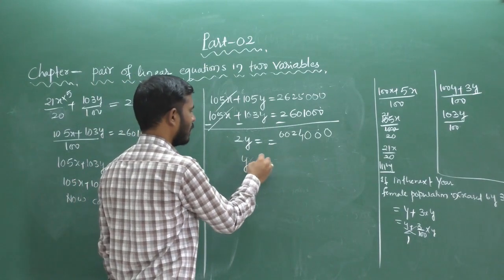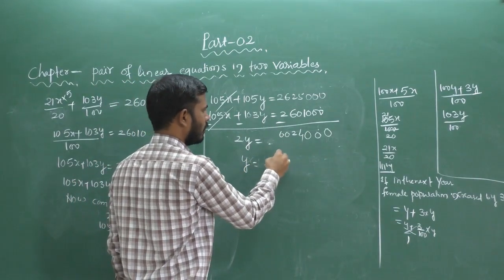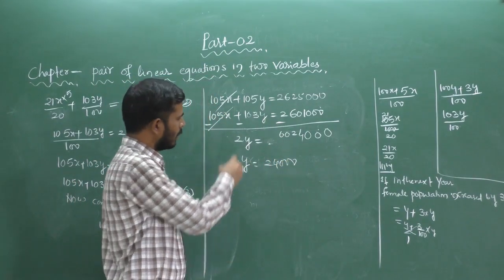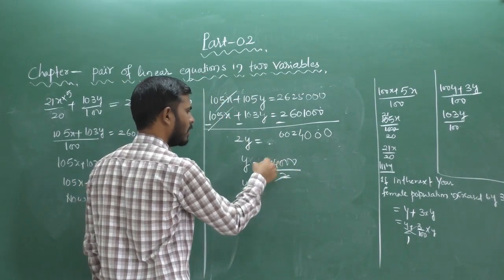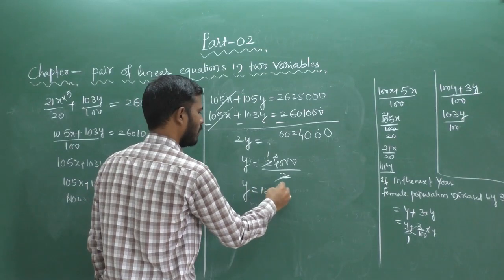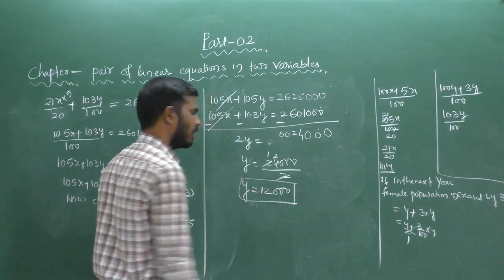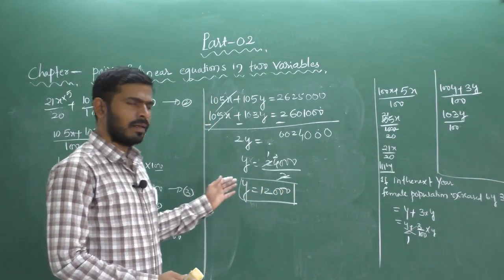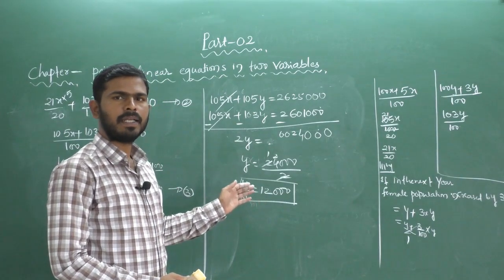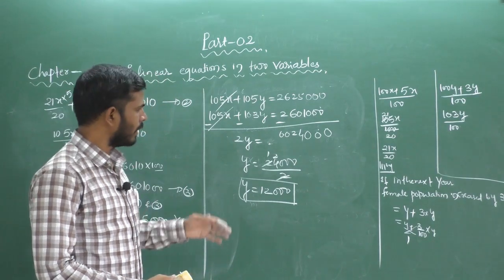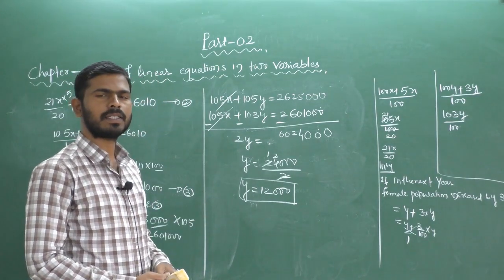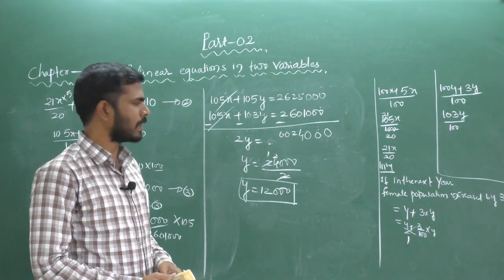So next step, y equal to 24,000 divided by 2. So y equal to 12,000. So y is the present population of females in the town, that is 12,000. Next you have to find the population of males in the town at present.